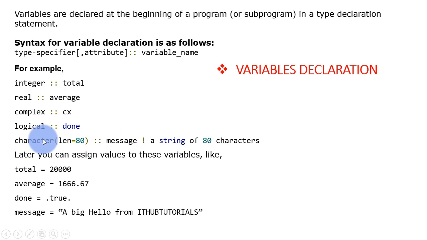A character can hold just a single letter, so to extend the content of this message we apply an attribute, and the attribute here is length. We are increasing the length so that it can hold up to 80. This is just a declaration. Then later you can assign values to all these variables that have been declared earlier, and you can do it at the same time.